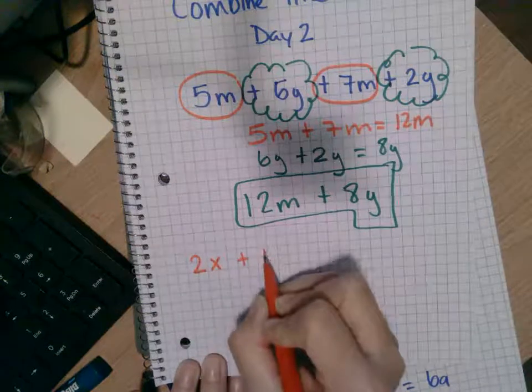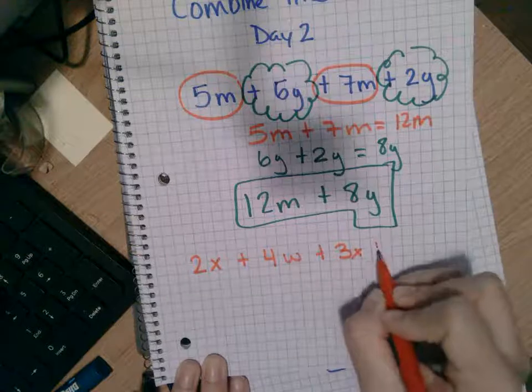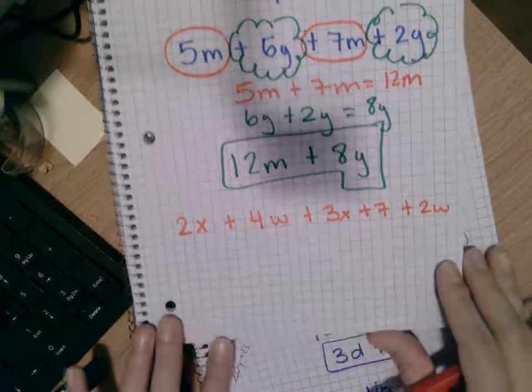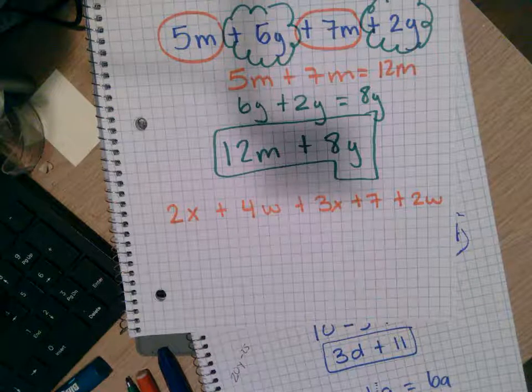2x plus 4w plus 3x plus 7 plus 2w. All right, take your time to copy this down. Don't rush that part.